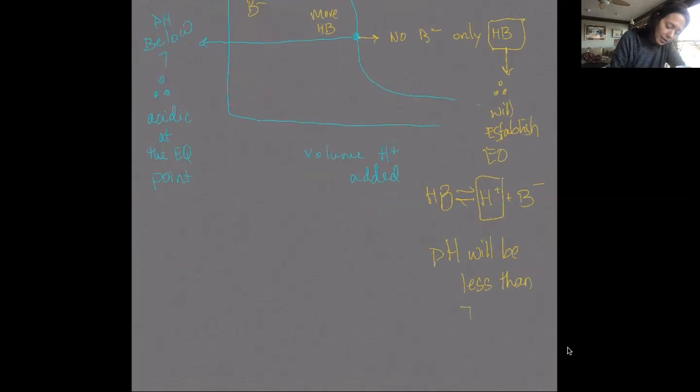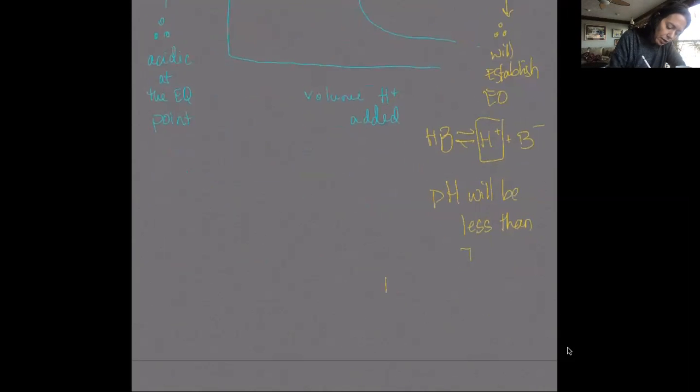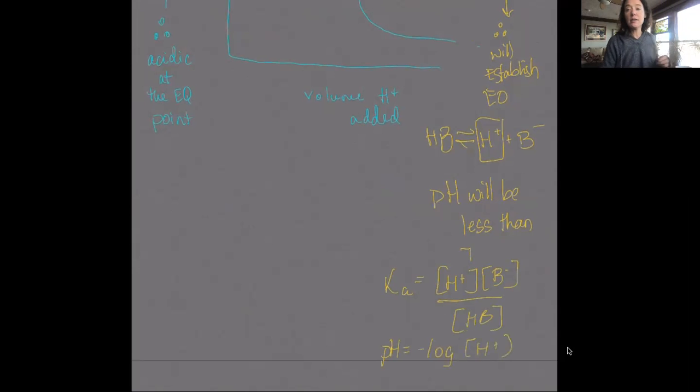In fact, for the pH we would do the Ka equals x squared over the concentration, right? We would just do all of that. Let's just go like this. It would equal H plus B negative over HB, and then the pH would be equal to the negative log of H.